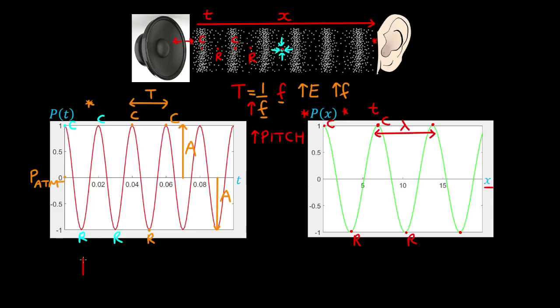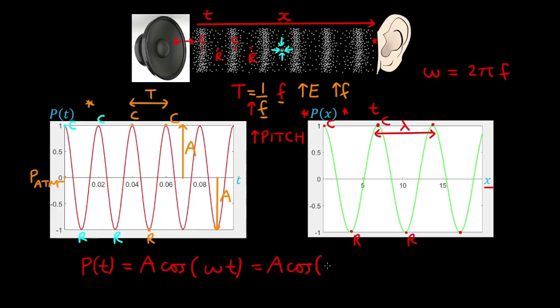So for example, we have the pressure as a function of time is equal to the magnitude of the maximum pressure by cosine of omega t. So recall that omega for the harmonic oscillator, being the angular frequency, was equal to 2 pi by the frequency in hertz. So we can write this as A by cosine 2 pi f by time.